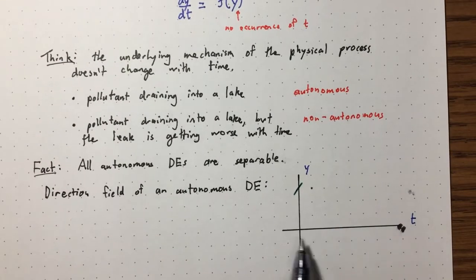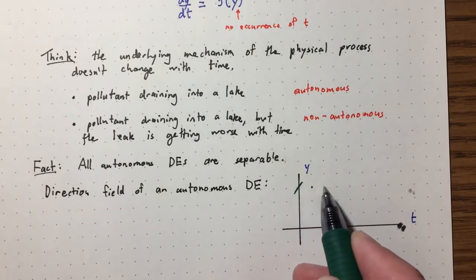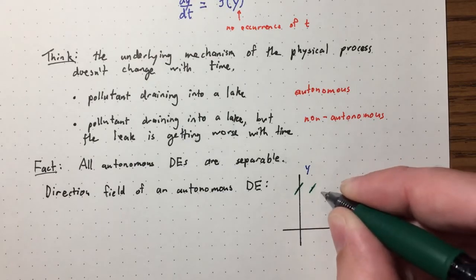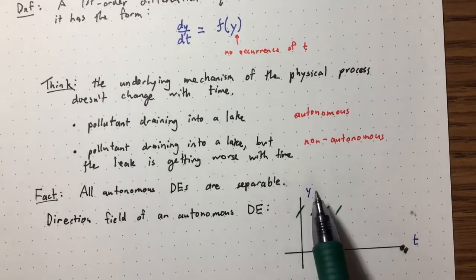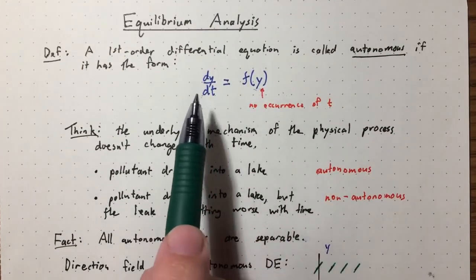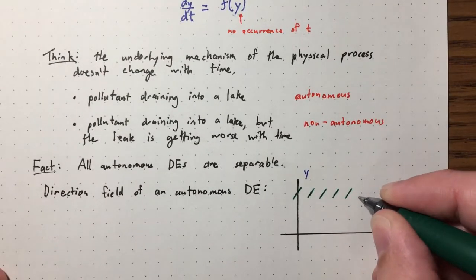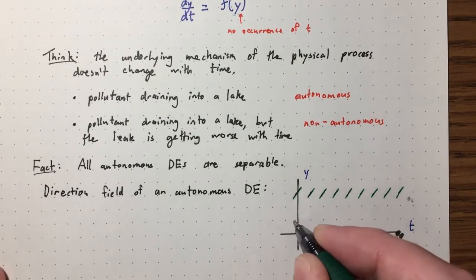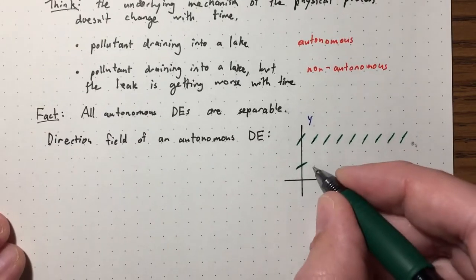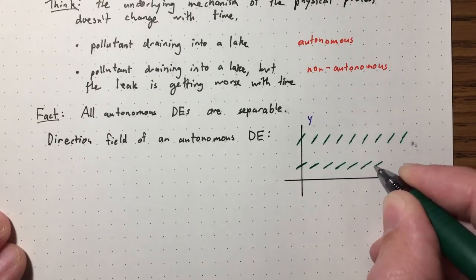So no matter where I am on the t-axis, as long as I'm at the same value of y, I'm going to get the same slope. Because I'm just plugging the y coordinate into my differential equation in order to calculate the slope of these line segments. So these are all just going to look like that one. And similarly, if I have a slope like this down here, then along this invisible horizontal line, they're all going to look like this.